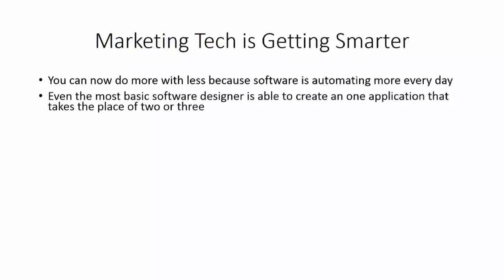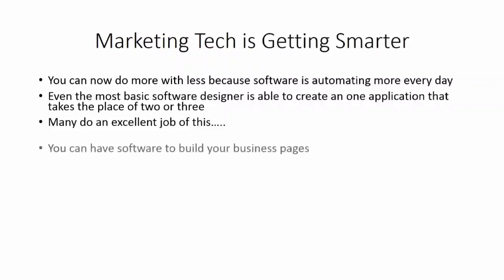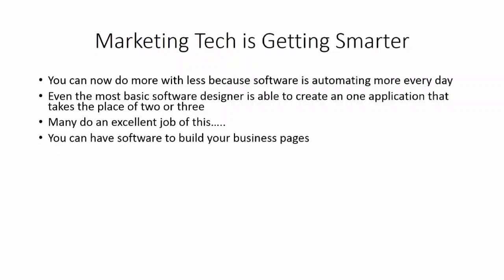Even the most basic software designer is now able to create one application that takes the place of 2 or 3 that used to do the same job. How many of you all have found that? Now, many of these software designers are doing an excellent job of combining applications. You're probably seeing that. You probably purchased some of them. And you can now have software to build your business pages.